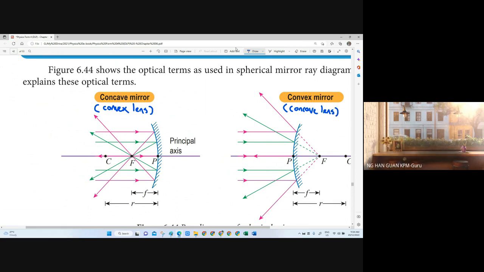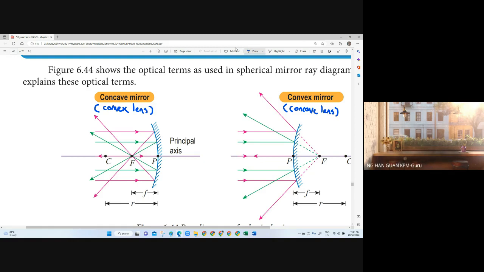When we want to do the calculations to know the characteristics of the image, you assume that is how they work. The drawing is totally different, but for calculation we need to borrow the lens equation to know the characteristics of the image formed by the mirror. So you have to assume this.